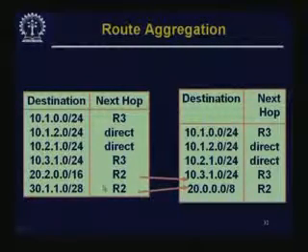Because of longest prefix match, whenever something in this range comes, it will have a longest prefix match with this rather than with that one, because that is 10 over here, and 30 is naturally closer to 20. So, instead of these two entries, we keep only one entry in the routing table. This helps in reducing the size of the routing table.